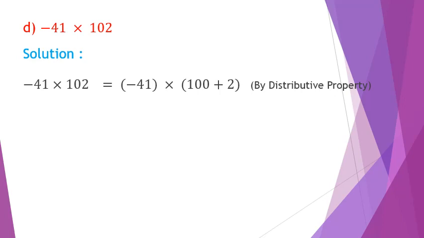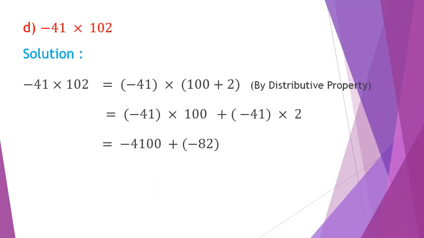Now using the distributive property, A into (B plus C) equal to A into B plus A into C. Here A is minus 41, B is 100 and C is 2. So minus 41 into 100 plus minus 41 into 2 equal to minus 4100 plus minus 82 equal to minus 4182.